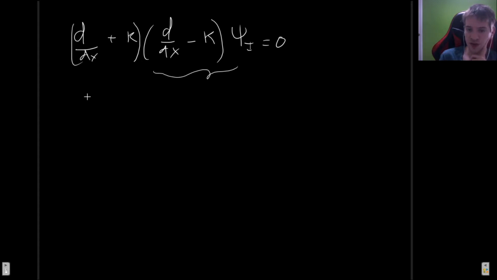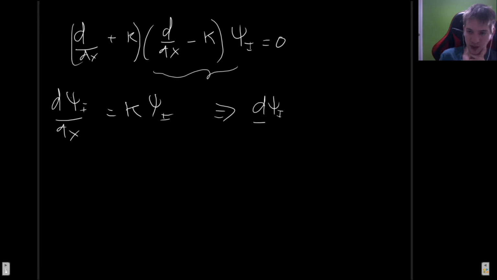So from the first one, for example, we just get that d psi 1 dx is going to be equal to k times psi 1. So from here we get then that d psi 1 divided by psi 1 is going to be equal to k dx.